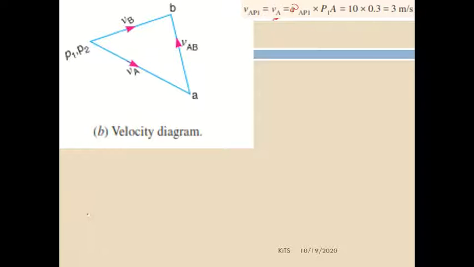So we are going to draw this diagram. Look carefully. Scale: since it is 3 only, it's a small value, so I am directly taking 1 centimeter equal to 1 meter per second.